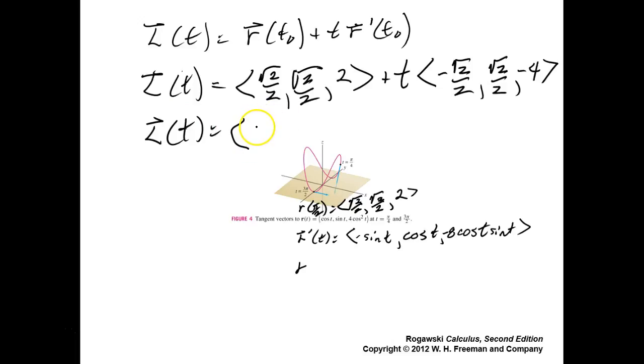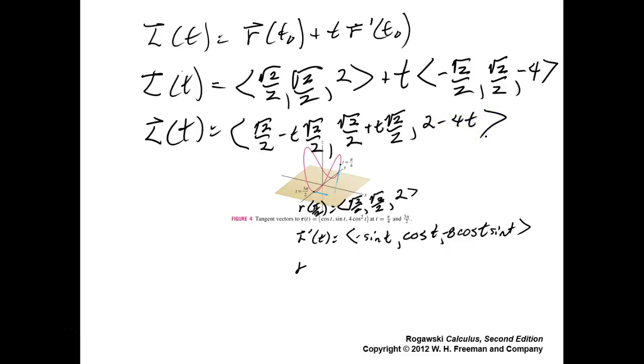the x component, square root of 2 over 2 minus t times the square root of 2 over 2, comma, square root of 2 over 2 plus t times the square root of 2 over 2, comma, 2 minus 4t. Now, if you write it out, guess what they did?